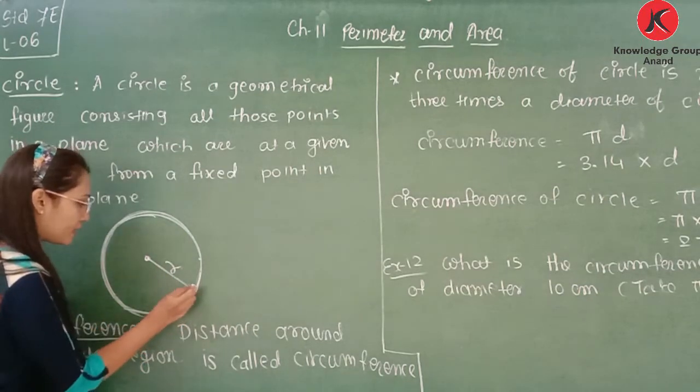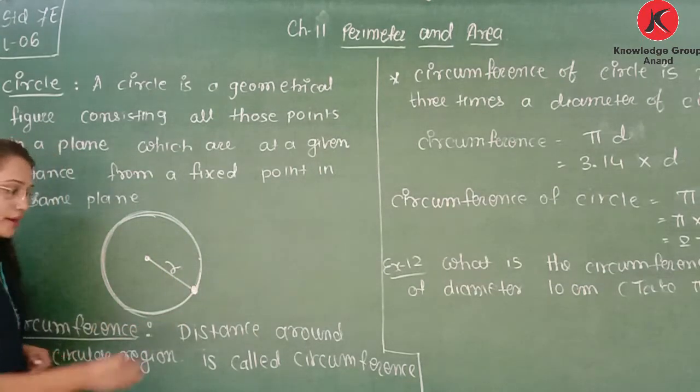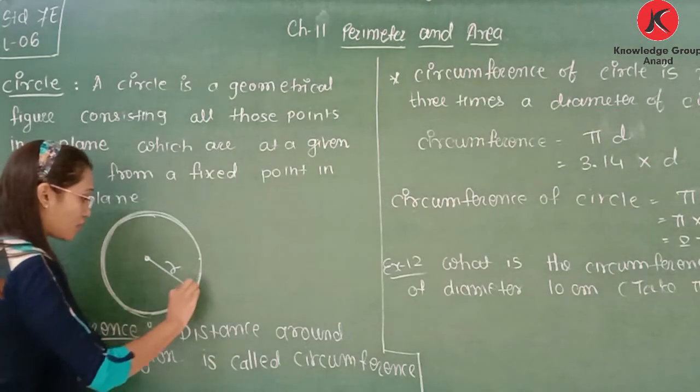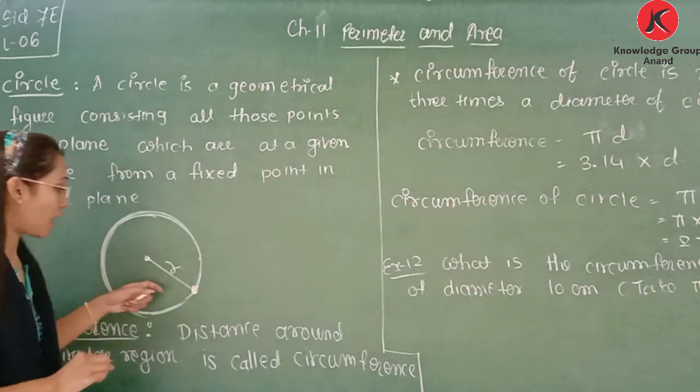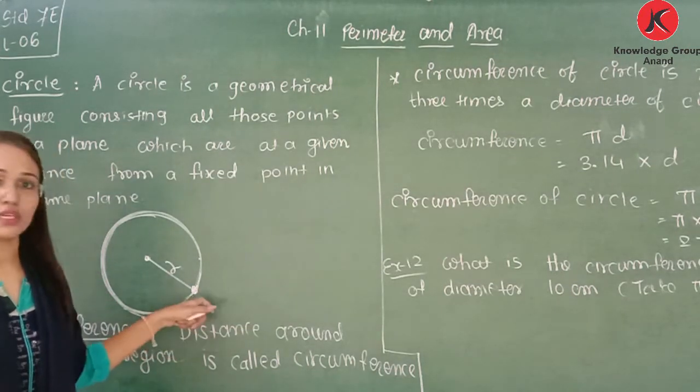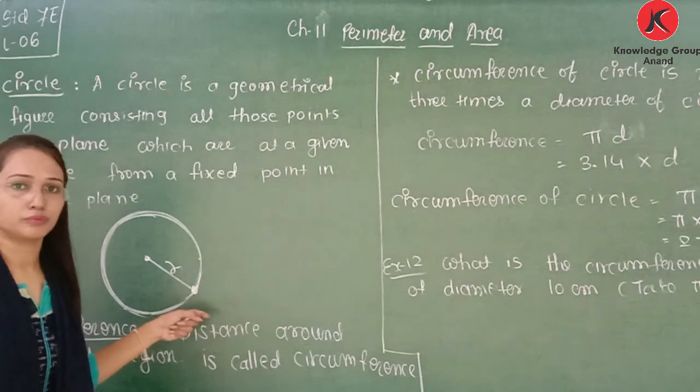If we start walking from this point and move along the path of the circle, this becomes the circumference of the circle. So how can we find the circumference? Clear? It is the same as the outer boundary.